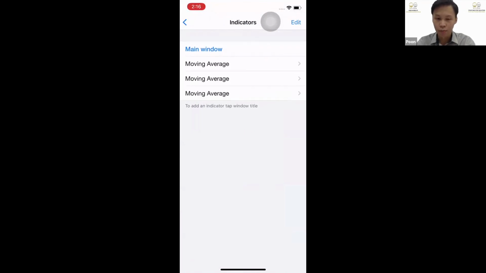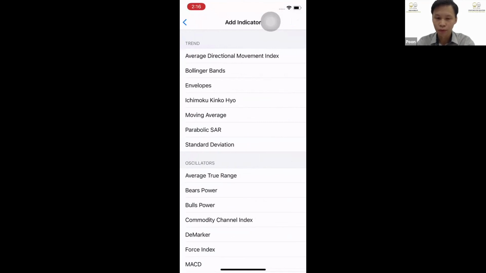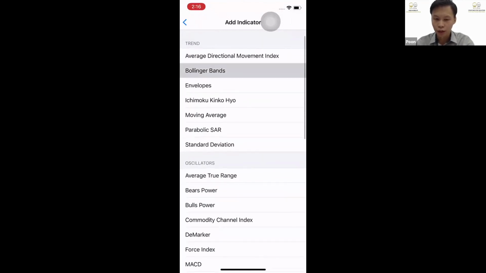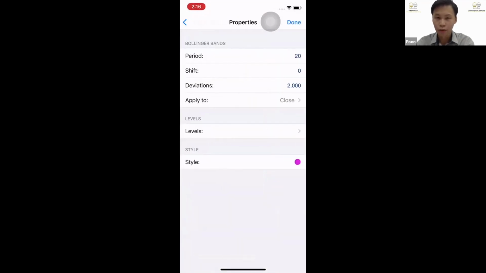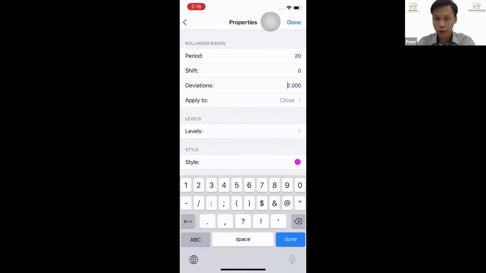And then you click on main window. And then you click on Bollinger Bands under trend. We're going to set the period at 20. And then the deviation is 2.